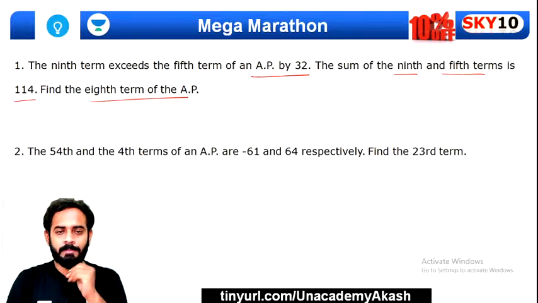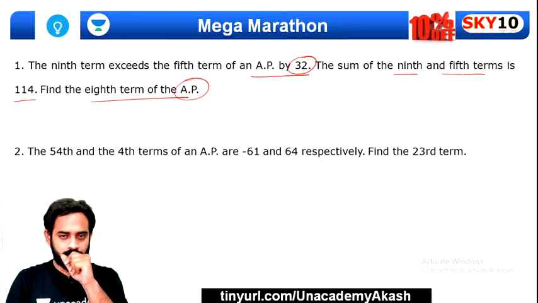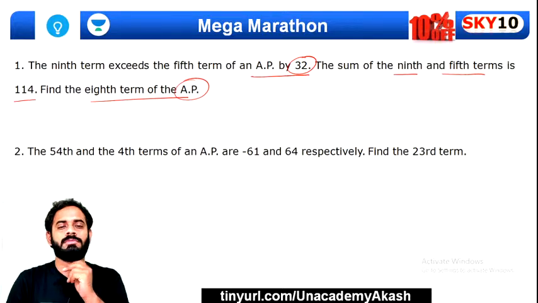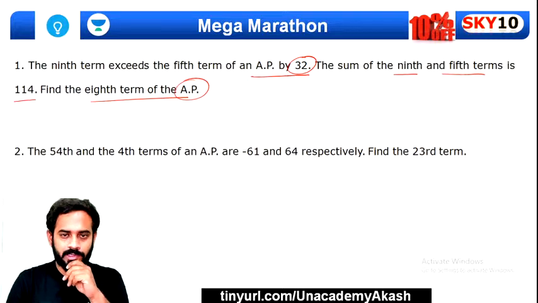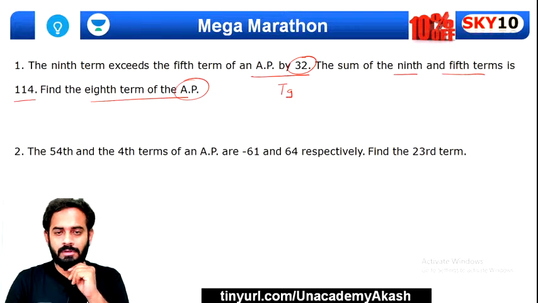It is given that the ninth term of the AP exceeds the fifth term by 32. So T9 = T5 + 4D, because we have to add 4 times the common difference to get T9, and this 4D is given as 32.